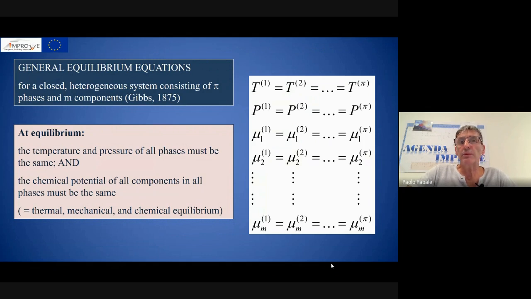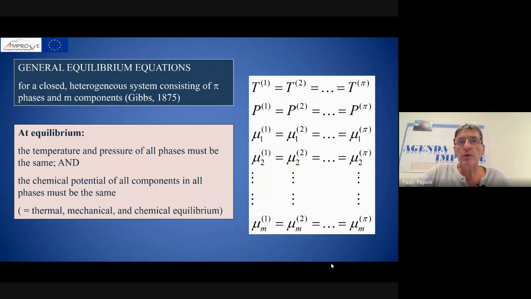However, for the chemical potential, things are a bit more complex. In fact, we are dealing with mixtures, meaning that there are many different components making up each phase. For example, a silicate is made of a lot of oxygen, substantial amounts of silicon, aluminum, and several other elements that we used to represent as oxides, such as silica, iron oxides, magnesium oxides, water, carbon dioxide, and so on. Each one of such individual components can move from one phase to another.